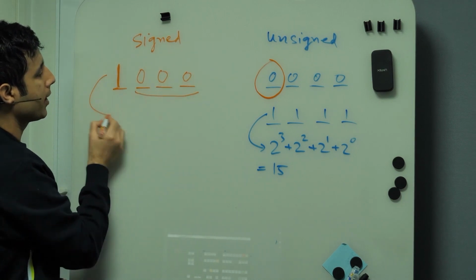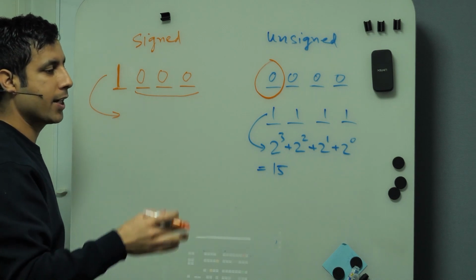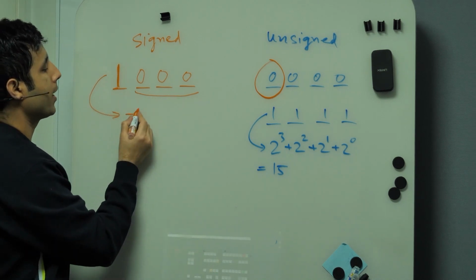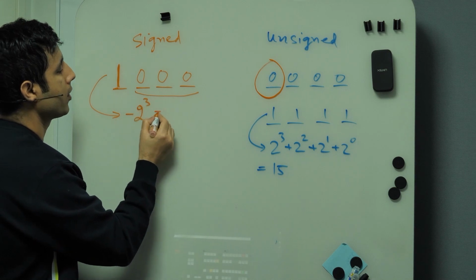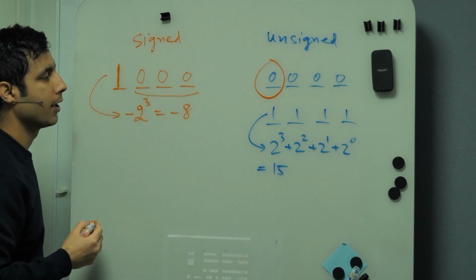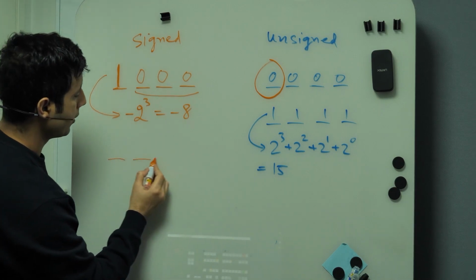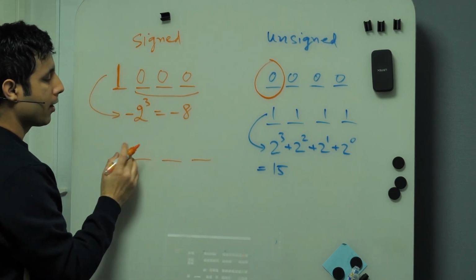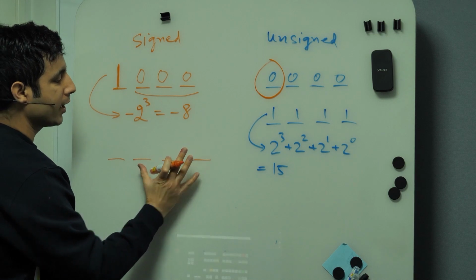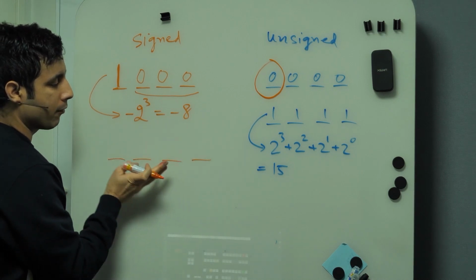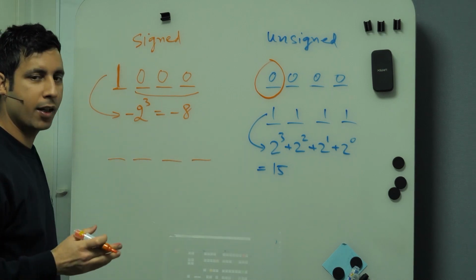So the least number in signed encoding would be -2 raised to the power 3, which is -8. And the highest number would obviously be, it will have 1 in the bit placeholders where the contribution is positive.